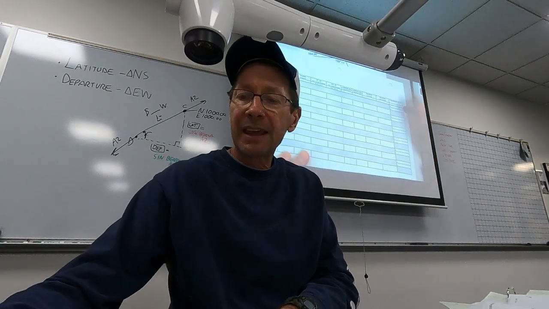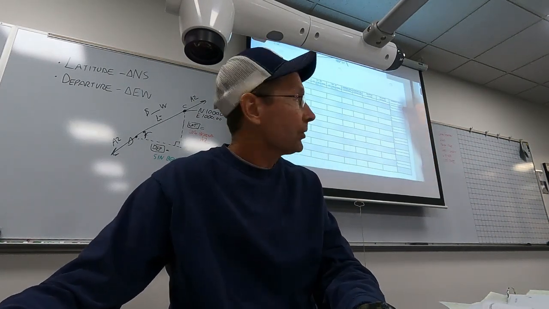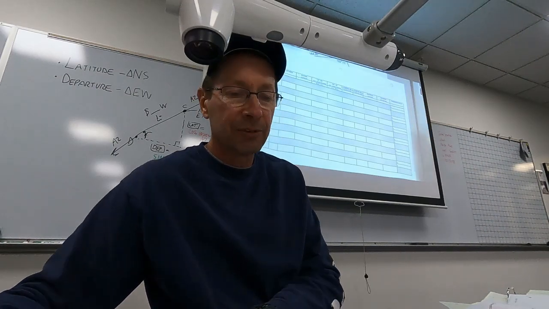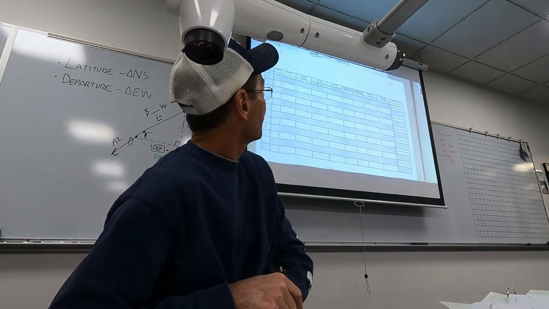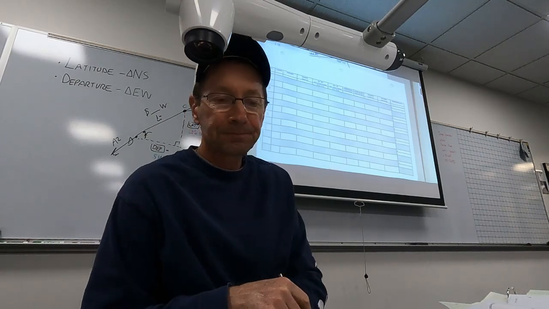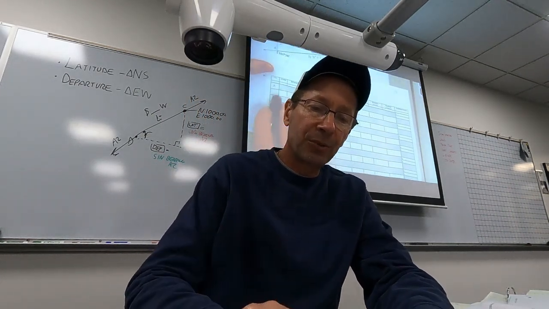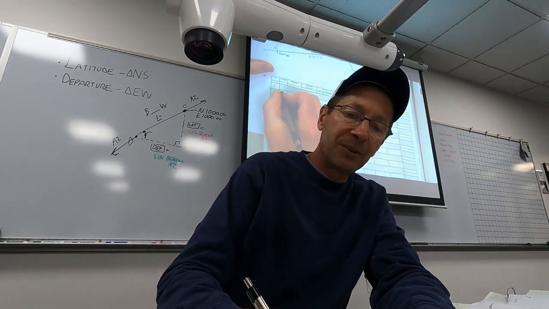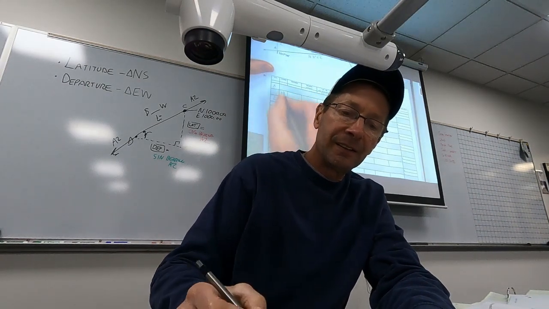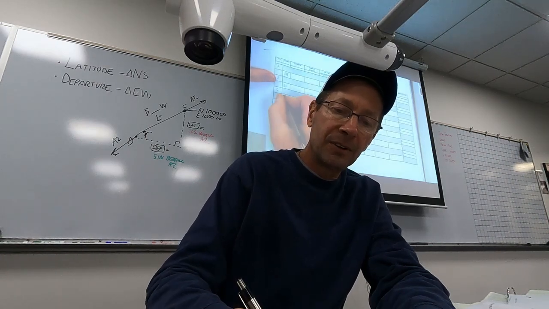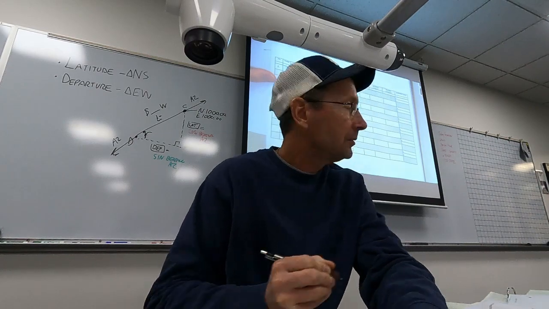By the time we get to the end, A is going to have a coordinate. B is going to have a coordinate. Each of these points will have coordinates after we run all the calculations. So the course is going to be between the 2 points. So our course in this case is going to be A to B. This will be B to C, and on down. C to D, D to E.